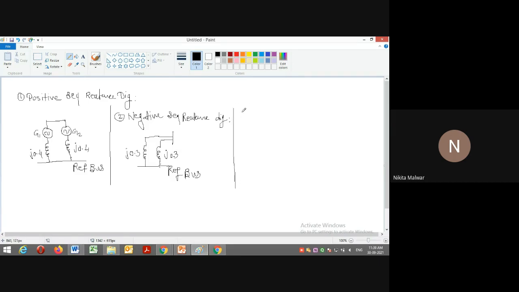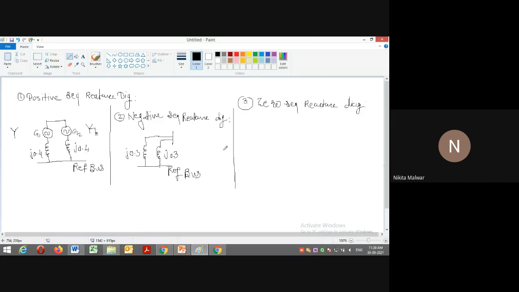Now we will draw the zero sequence. So in the zero sequence reactance diagram, what we have to do? We have to consider all the given connections. What are the given connections? The given connection for generator 1 is an isolated star, and for generator 2 it is a star with grounded.